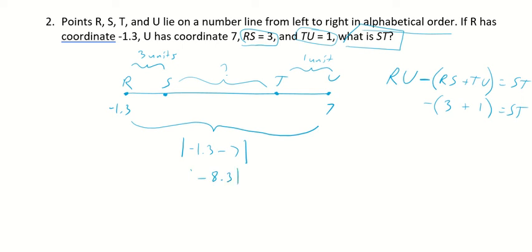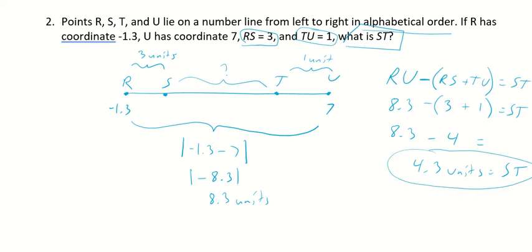And we take the absolute value of that, which is a positive 8.3 units. So 8.3 minus 4 is 4.3 units. Is the distance from point S to point T.